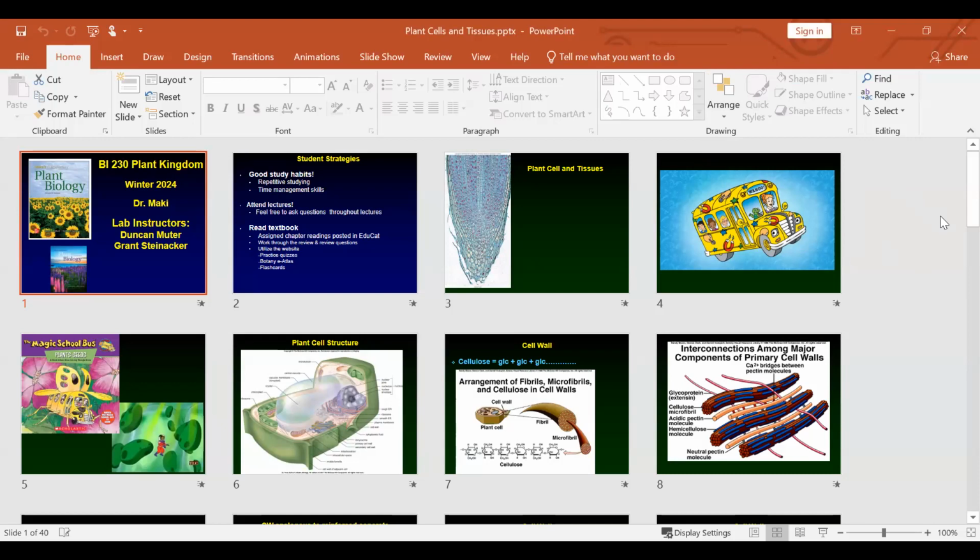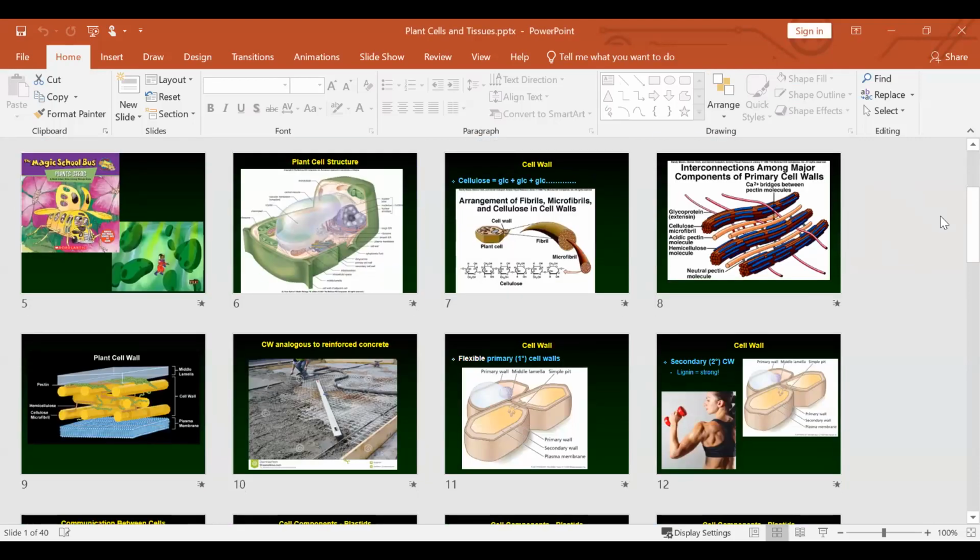All right, so going through your notes on plant cells and tissues. You were asked some questions about this on the lab exam or homework that you did. I tend to focus on things that are pretty unique to the plant.